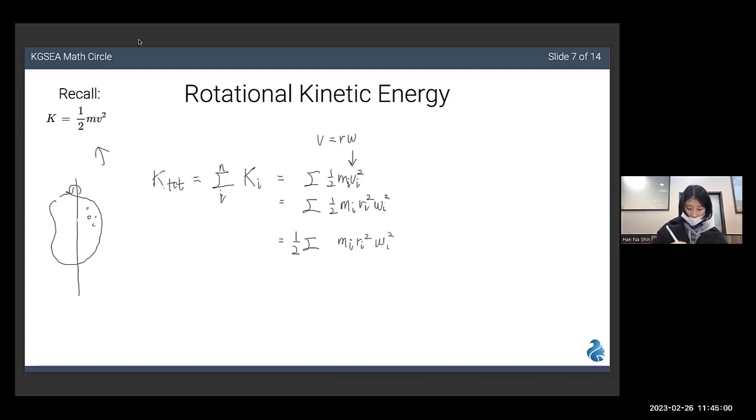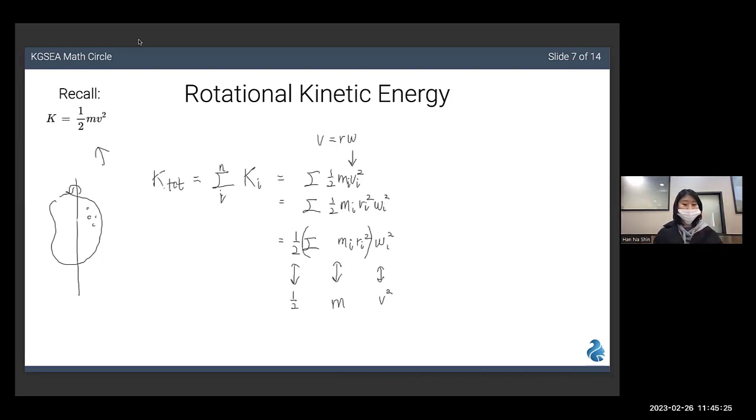And so this formula that we have here is actually pretty parallel to what we already know. K equals 1/2 mv squared. The 1/2 here corresponds to the 1/2 that we see in the equation for K. Omega corresponds to v, which makes this thing here correspond to m.